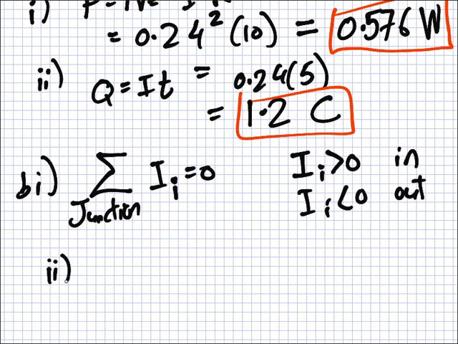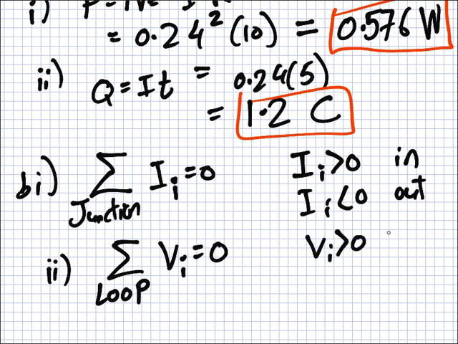Part 2, if you sum around any closed loop the voltages, you should also get 0. Positive voltage means it's being provided, and negative voltage means it's being consumed.